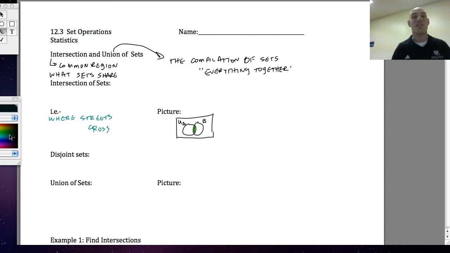Sometimes there's nothing that's shared. So disjoint sets have no shared elements.